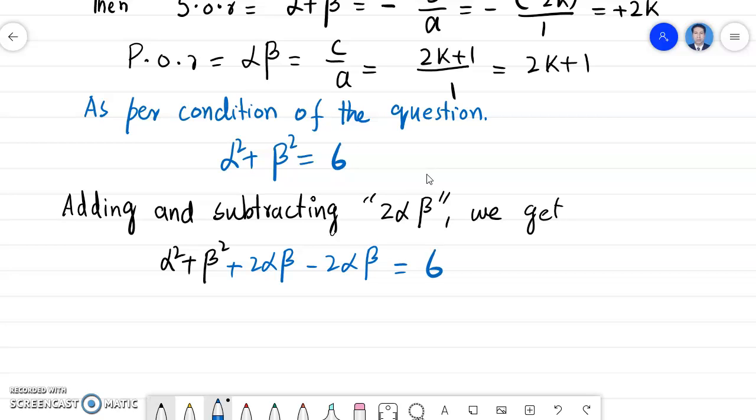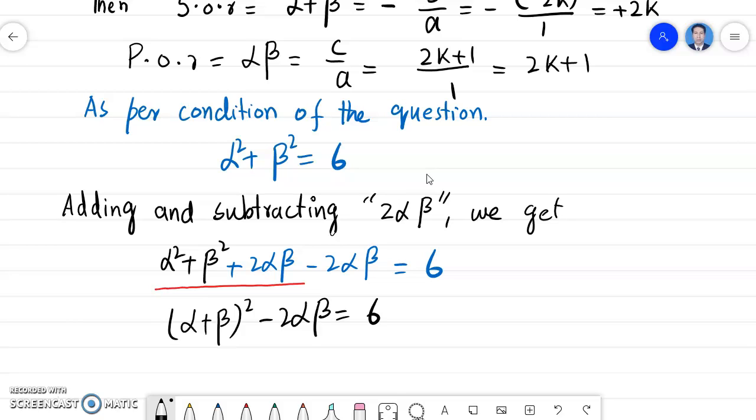So we have a complete square: alpha square plus beta square plus 2 alpha beta is alpha plus beta whole square, and this is minus 2 alpha beta equal to 6.